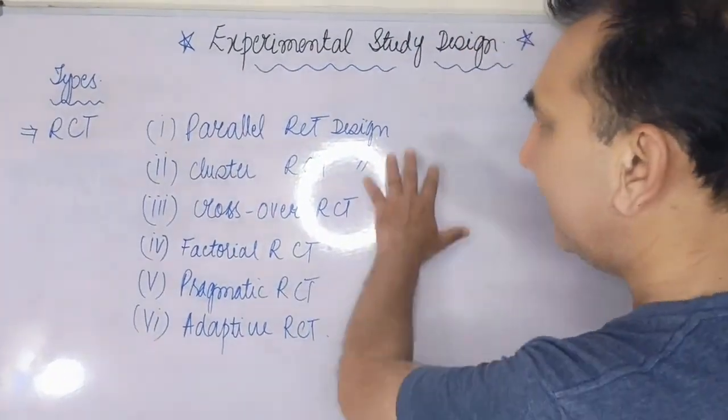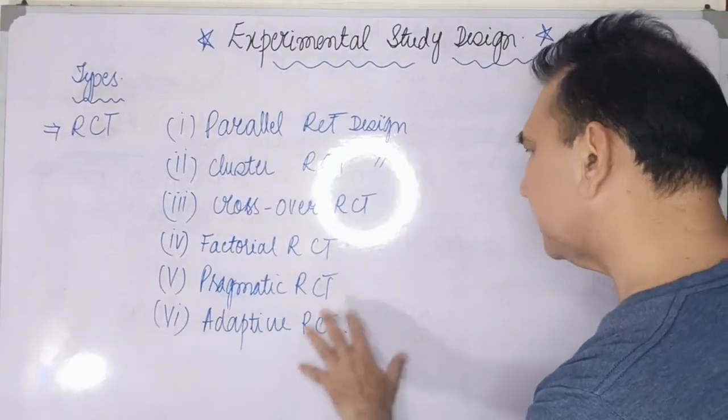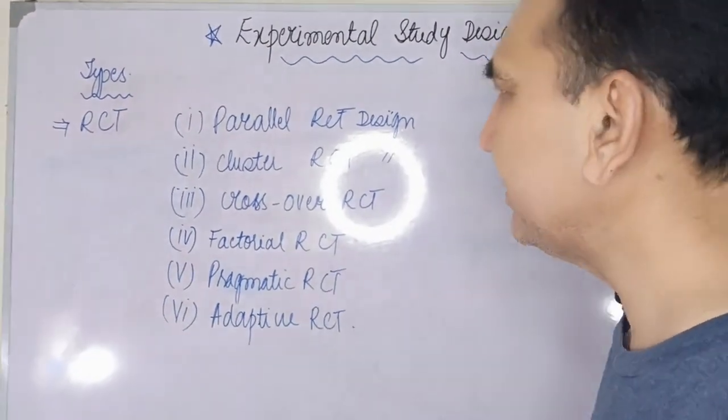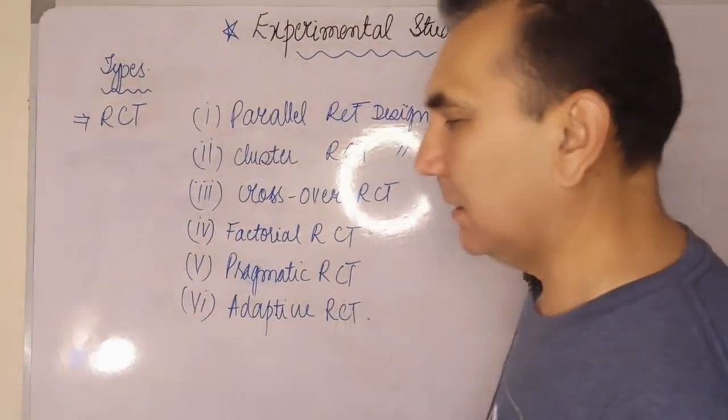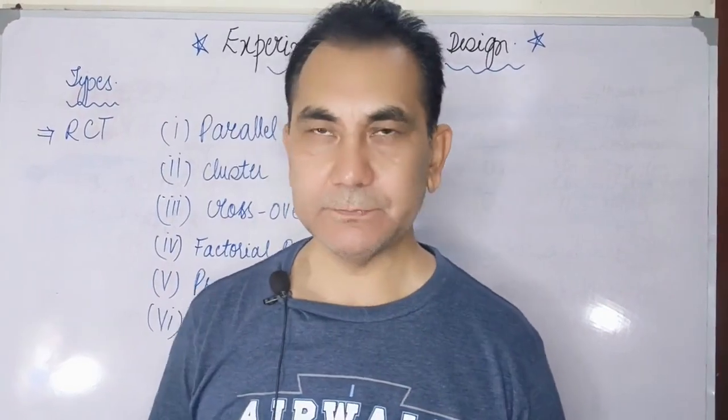So these are the 6 types of the RCT design which are mostly used in the field of research.